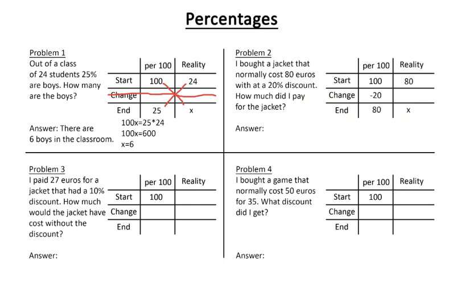Again, we take this cross product of 100 times x that needs to be equal with 80 times 80. Let's solve that. Again, 100x needs to be equal with 80 times 80.